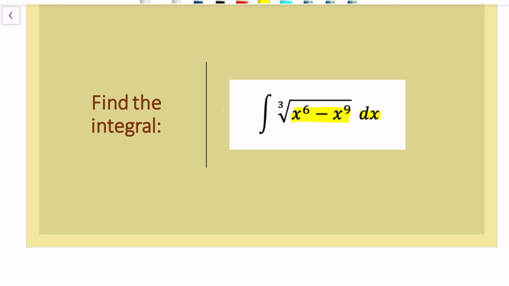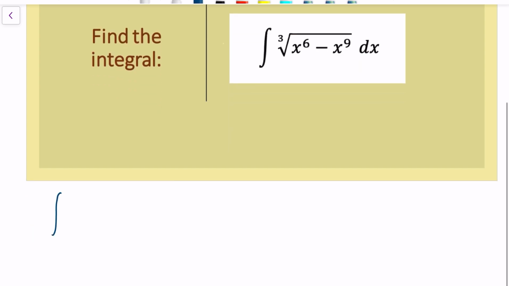So if I play around a little bit with this integral to begin with and factor x to the 6 out of the thing underneath the cube root. So I've got integral cube root. If I factor x to the 6 out, then I've got 1 minus x cubed. And then the x to the 6 can be pulled out of the cube root, because the cube root of two things multiplied is just the cube root of one times the cube root of the other.